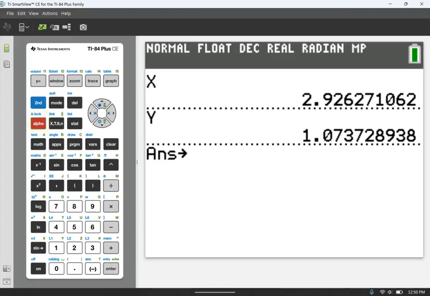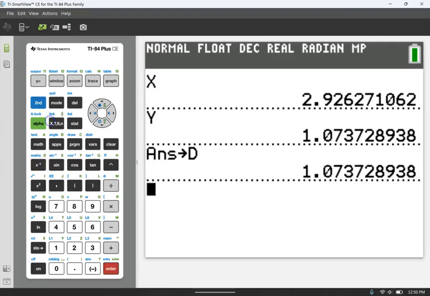I'm going to store it into d. So when you find a point of interest, any point, when you calculate a point, the calculator will automatically store it in x and in y. The y is down here with the button number 1. So you can store the y value as well.